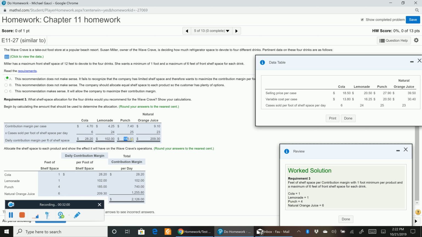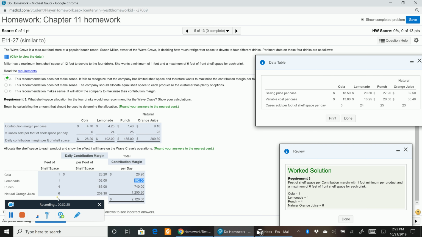The next is punch by a large margin. We would love to give punch the remaining 6, but we can't. Remember, we have to give the bottom two, cola and lemonade, at least 1 foot of shelf space. So 1 times 28.20 equals 28.20. Lemonade, 1 times 102 gives us 102.